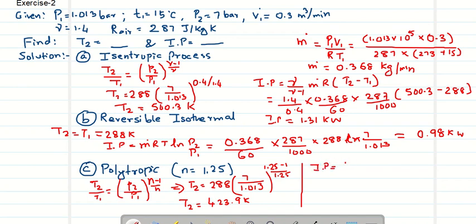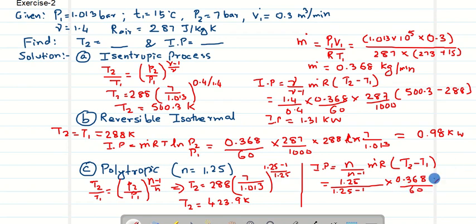And for the indicated power, I'm going to use the formula n over n minus 1 m dot R times T2 minus T1. N value is given as 1.25 divided by 1.25 minus 1. Mass flow rate 0.368 divided by 60 to make it into kilogram per second, and R value I am going to change into kilojoule, so I will divide this by 1000, and T2 minus T1.